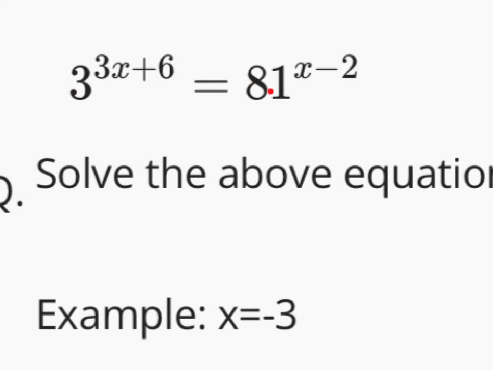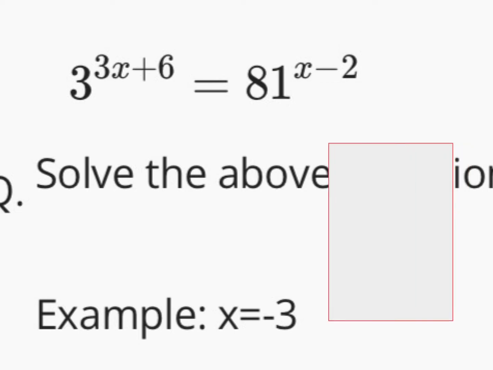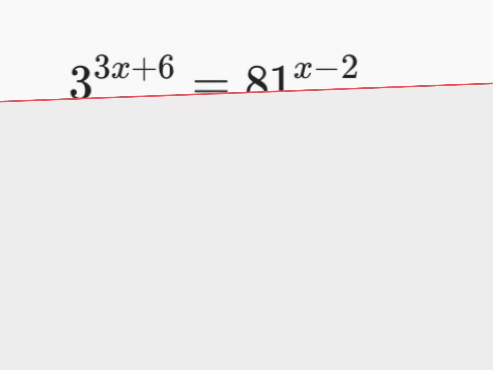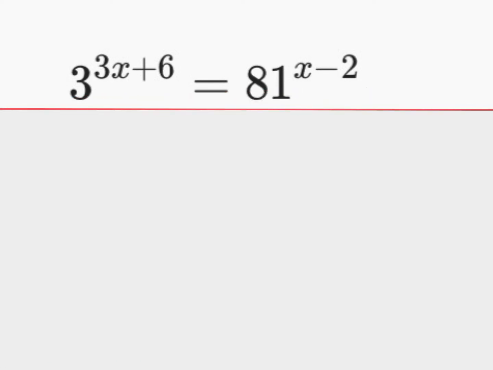The question is, could I change 81 to become that base 3? Okay, let me put some scratch paper here so I can show my work. So again, that 3 has the 3x plus 6 up there. We have an equal sign, and the 81, I need to change that to become 3.